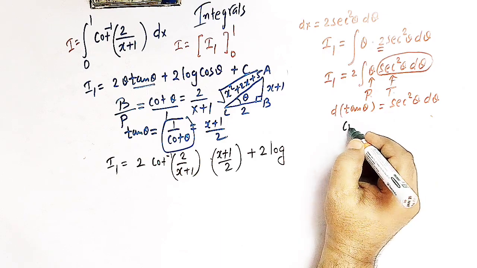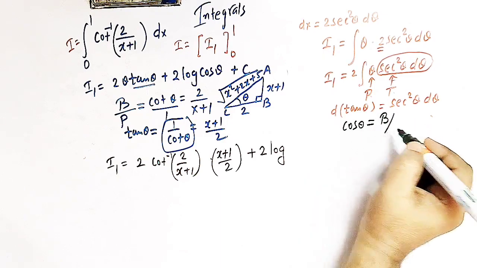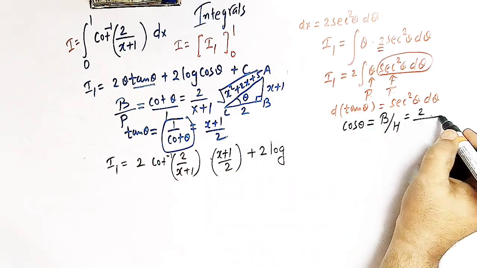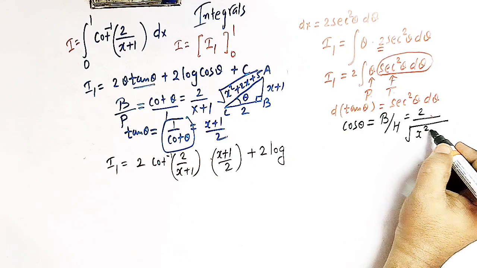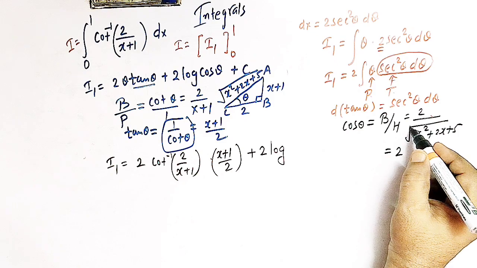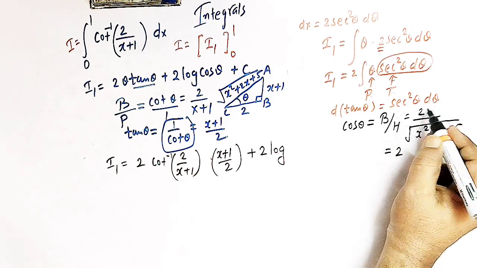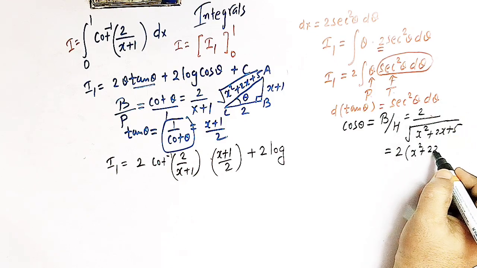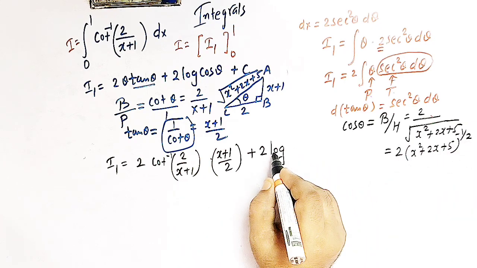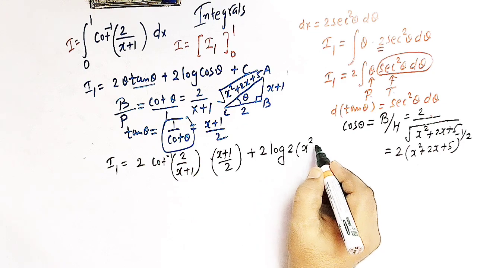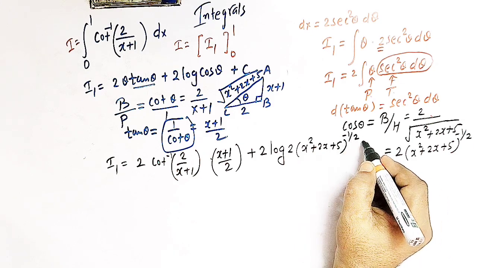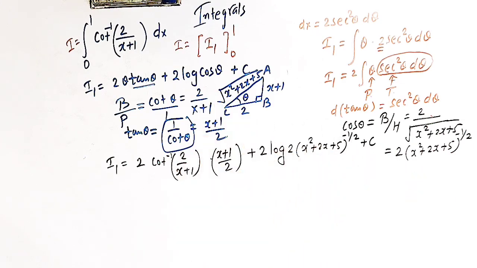Cosine theta is given by base over hypotenuse, so the base is 2 and the hypotenuse is the square root of x square plus 2x plus 5. We can take this square root term to the numerator and write x square plus 2x plus 5 raised to minus half. So here we have 2 times x square plus 2x plus 5 raised to minus half, and c is our constant of integration.